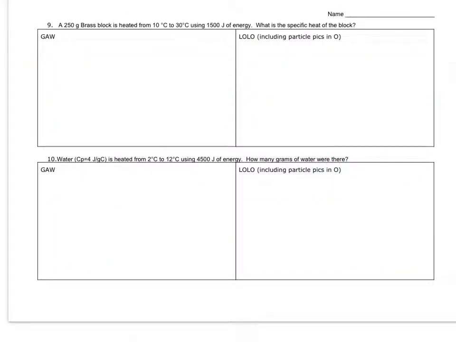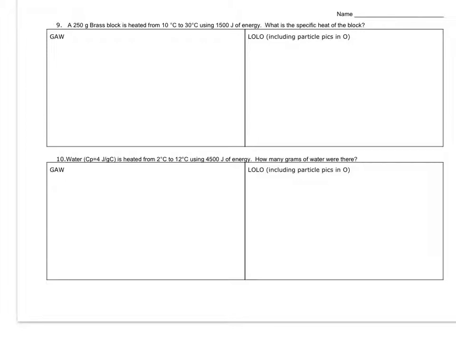Okay, and then number 10 says water is heated from 2 to 12 using 45,000 joules of energy. So they tell us for every 4 joules, 1 gram of water can change 1 degree Celsius.